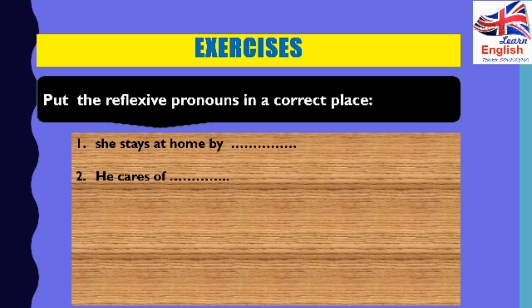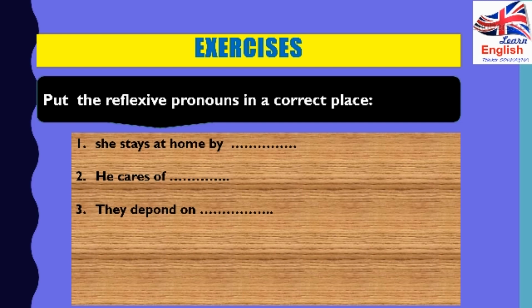Okay. We will see number 3. They depend on. So here we have the subject, what? Subject they. So before answering the exercise or the sentence, you have to see the subject first.